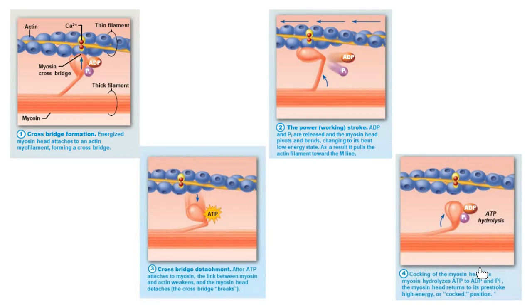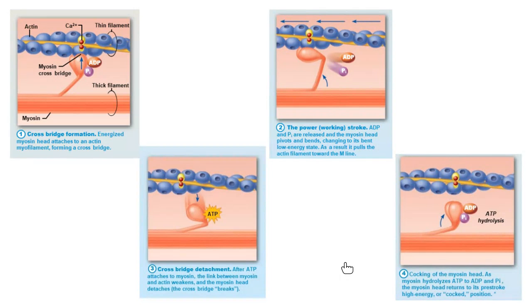Another question, where does the ATP come from? If you remember, when we were talking about the types of skeletal muscle tissue, we said that we have some skeletal muscle tissue that is glycolytic and some that is oxidative.